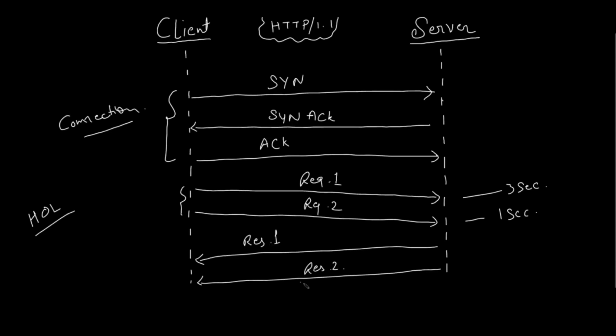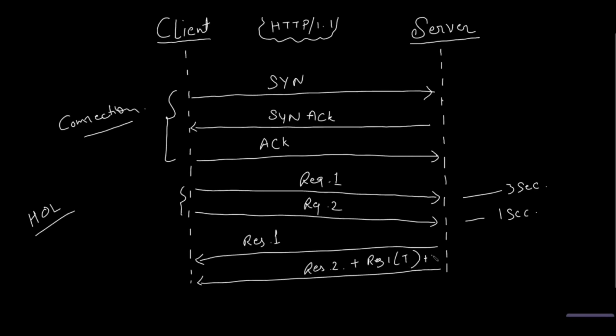So in this way, request 2's response will be delivered after response 1, which is already 3 seconds delayed. So the response 2 time would be around response 2's actual time plus response 1's time, correct?